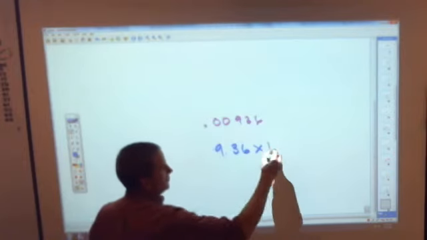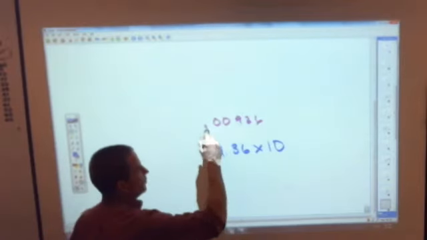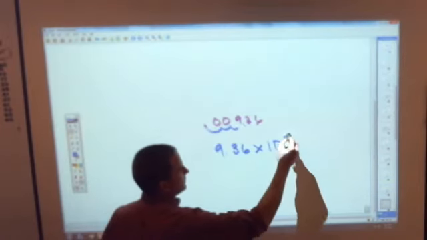Absolutely. Times 10 to, what's my exponent? That's probably the most important thing. How many places did you move the decimal? 10 to the negative third. Yep. You moved it 3 places. 1, 2, 3 puts it right there, so it's negative 3.